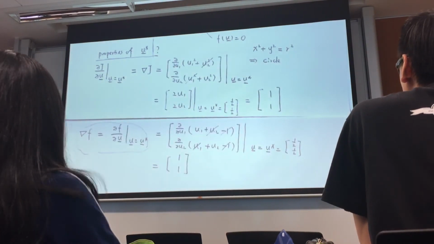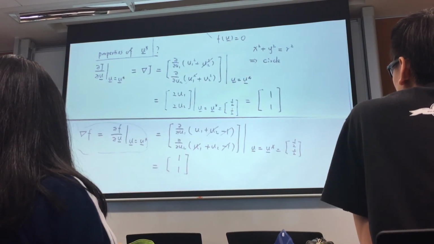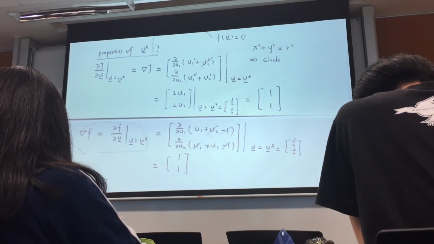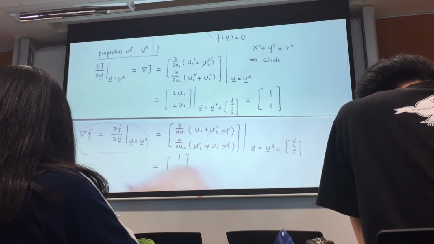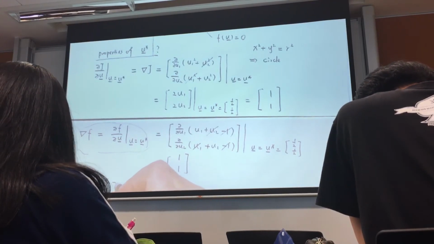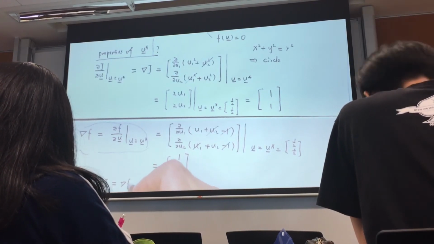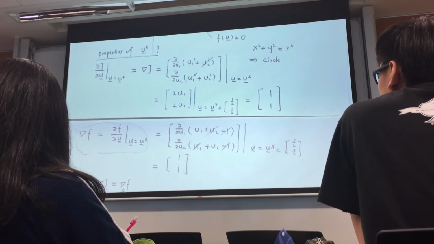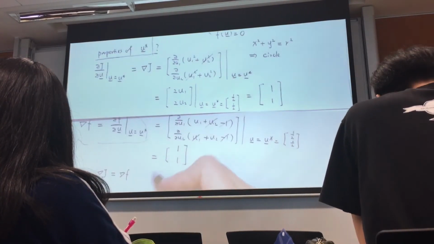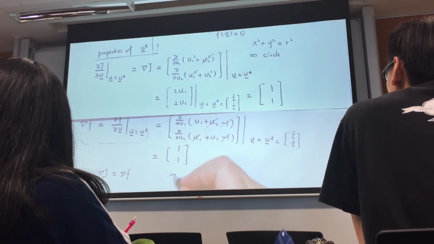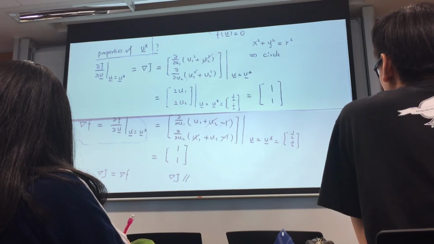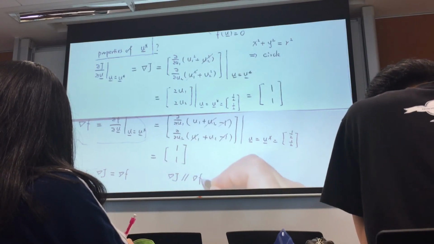From here we can see that in this special case, delta G equals delta F. But in the general case they are not equal; instead, delta J is parallel to delta F.